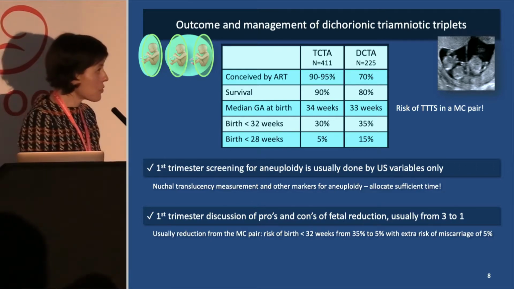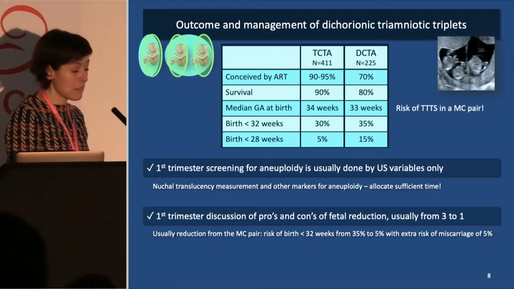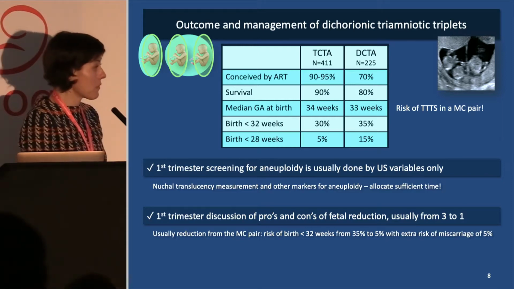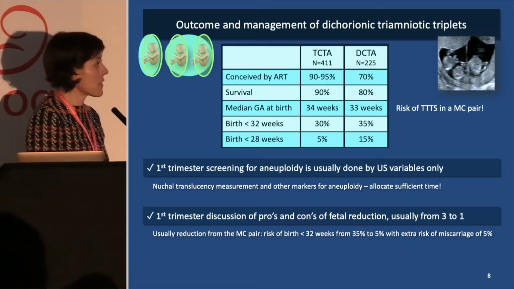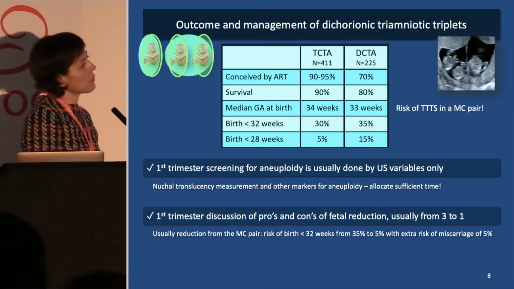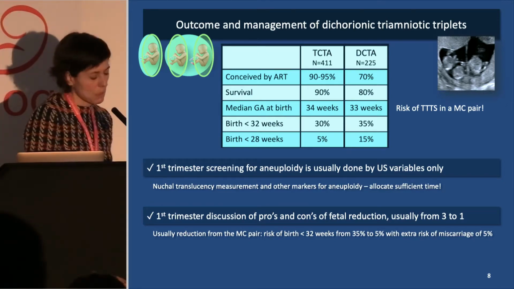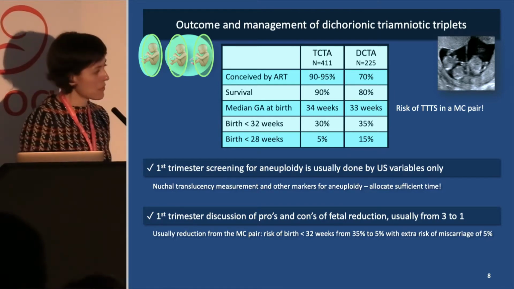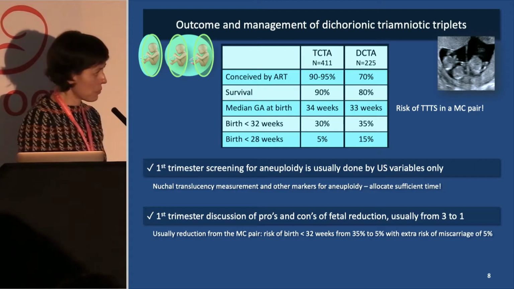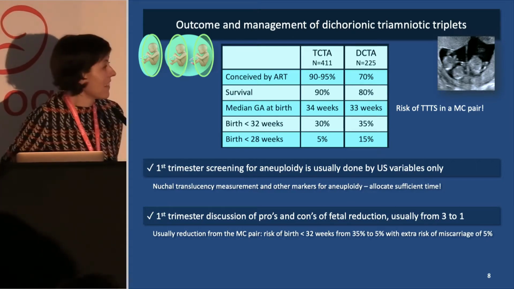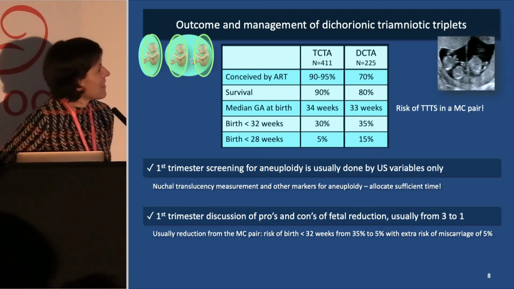But if you reduce to a singleton pregnancy, then you have a significant benefit in reducing the very preterm birth rate. You would need to do 3 reductions to prevent 1 very preterm birth at an extra risk of miscarriage of about 5%. So it goes from 10% in an unreduced dichorionic triplet to 15% in the remaining singleton pregnancy.